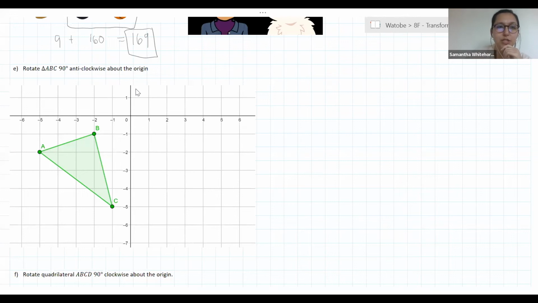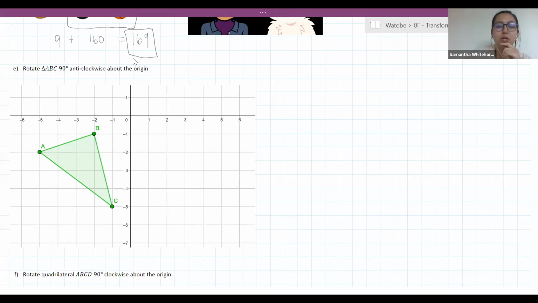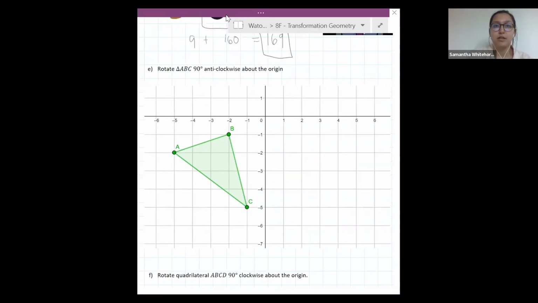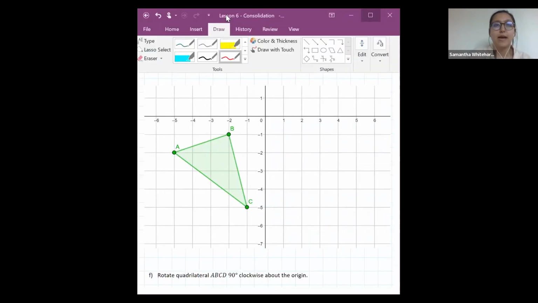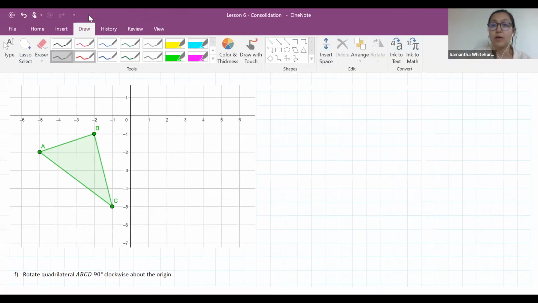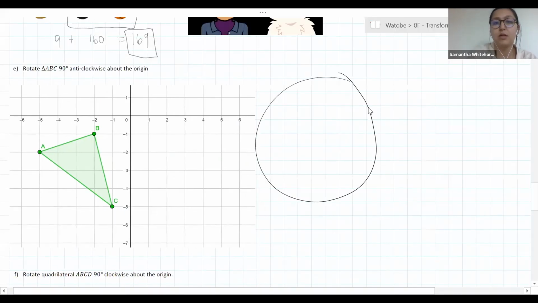So this instruction says, rotate the triangle ABC 90 degrees anti-clockwise about the origin. We now need to go back and figure out what anti-clockwise means. If we think about a clock, a normal hand of a clock will move in a clockwise direction.